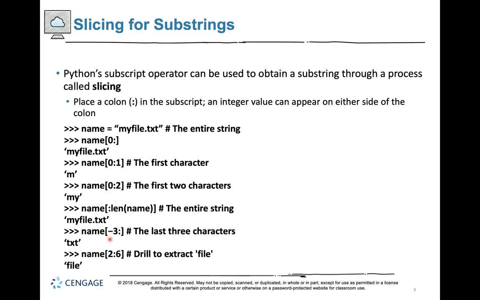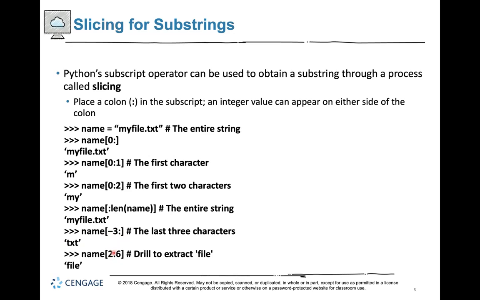You can also use negative indexes. Remember the negative index -3 really means length - 3. Then we're omitting the stop, which is by default the length. So this basically means the last 3 characters will be printed out. Okay, so these are various examples.